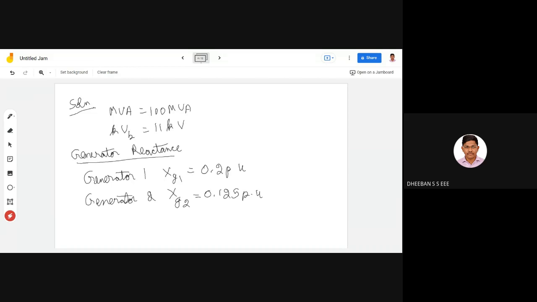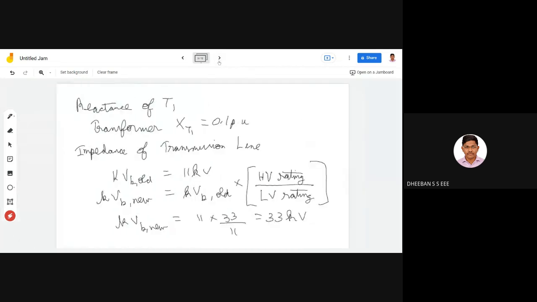As per the question, for generator one it is given as 20 percent, so we take it to be 0.2 per unit. For the second generator they have given around 12.5 percent, so we take it as 0.125 per unit.